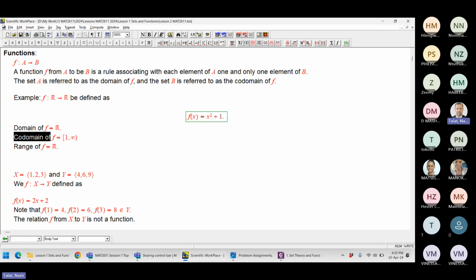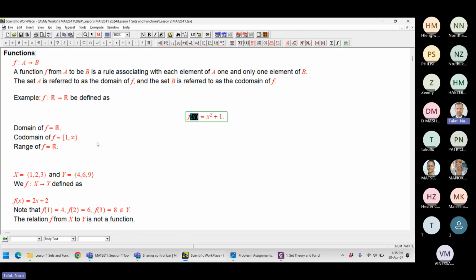Why? Because remember that in the range set we also have the zero. In the range set, zero is also available. But there does not exist any element in the domain set of this R whose image is the zero. Whatever value we put from the domain set, we will never get the zero.